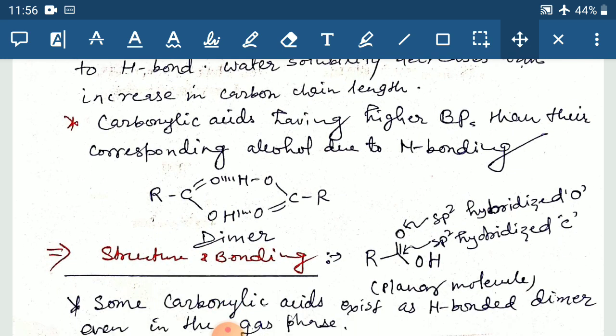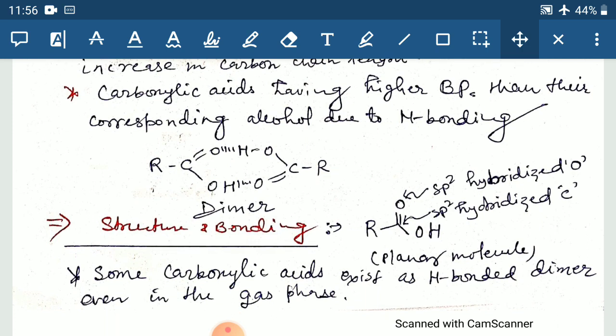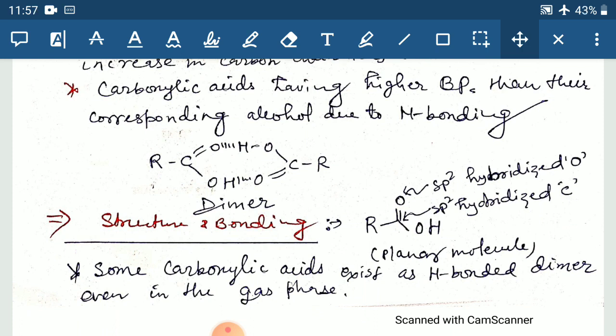Now carboxylic acids have a higher boiling point than their corresponding alcohols due to hydrogen bonding. Hydrogen bonds can exist as a dimer. See here the structure: there are two oxygens which are sp2 hybridized, and the carbon is also sp2 hybridized.